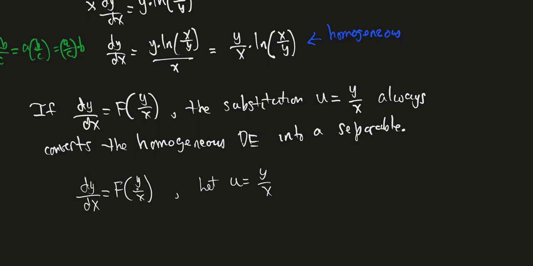Okay, that's fine. But I can't leave it like that, because that means I would have a single differential equation with three variables. I would still have a dy, a y here, I would still have an x there, and then I'd have a u here. It's not allowed that we have a single ordinary differential equation in terms of three variables. So, just like I did with the previous substitution method, I would have to find a way of replacing this dy/dx with something that has du/dx.